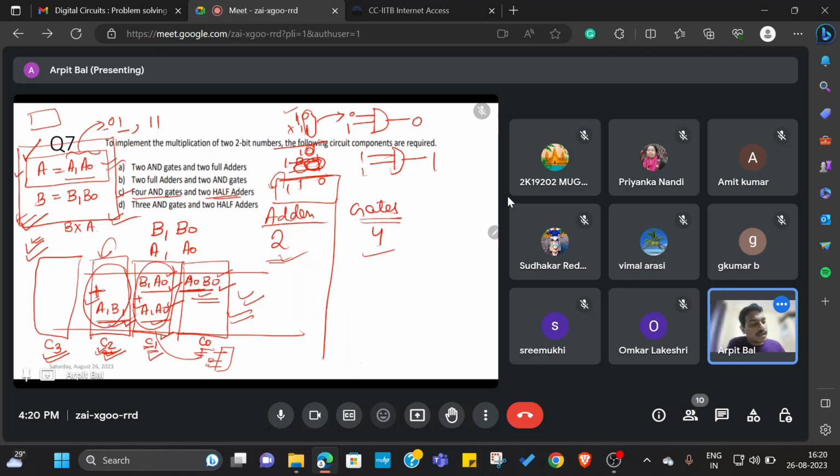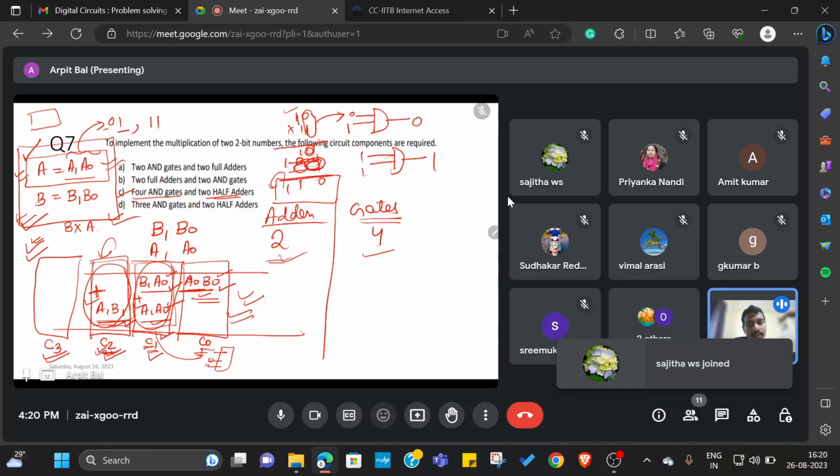So that's why I took a generic circuit, and we observed that there are 2 half adders needed. Then there was another question: why half adders, why not full adders? The minimum viable option that is available with us, we should go for that instead of the bigger one. So 2 adders and a total of 4 gates.